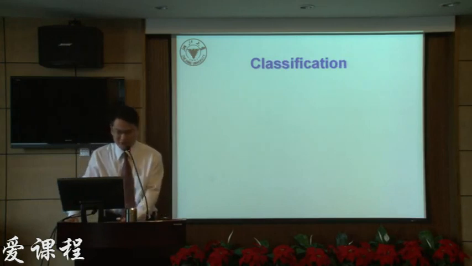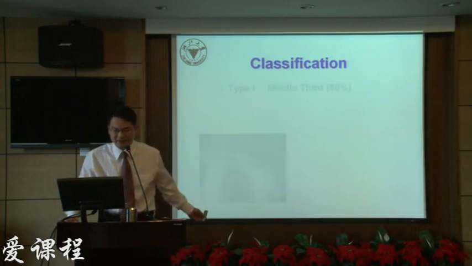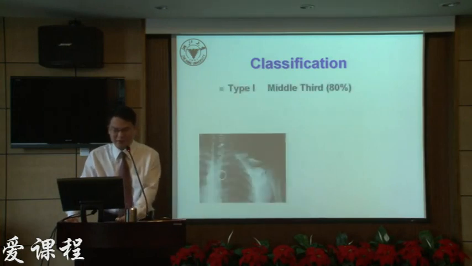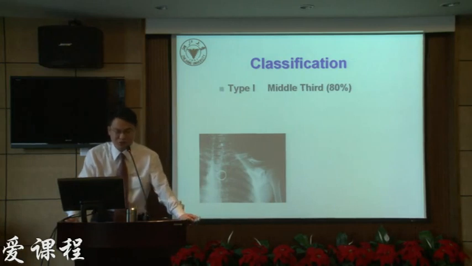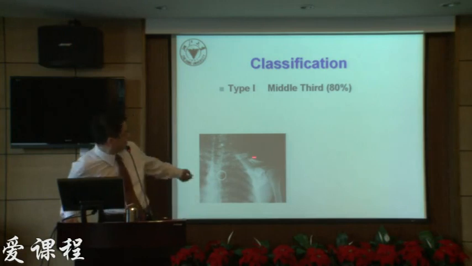According to the anatomic location of the fractures, we classify the clavicle fracture into 3 types. Type 1, the fractures are in the middle 1/3 of the clavicle, and this is the most common type of clavicle fractures, as shown in this image here.